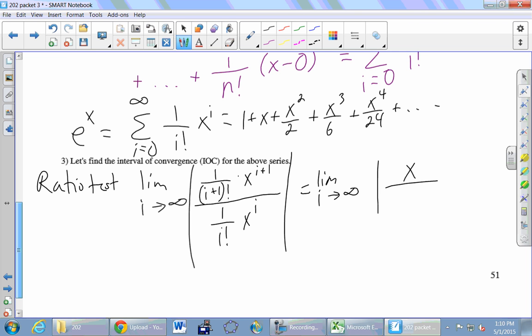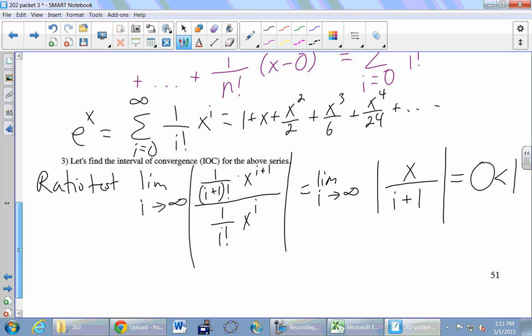That bigger guy, one thing is left over. As I goes to infinity, the limit goes to 0. I plus 1 is left over on the bottom. The magic number for the ratio test is less than 1.